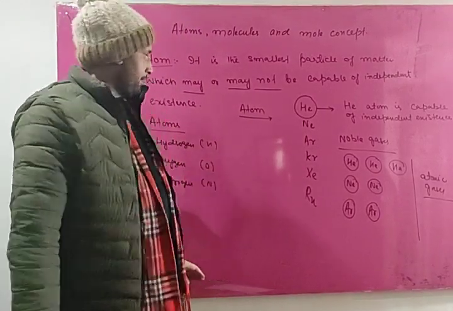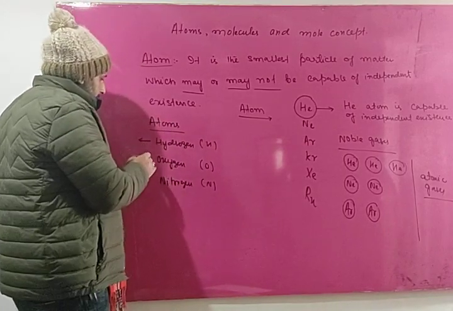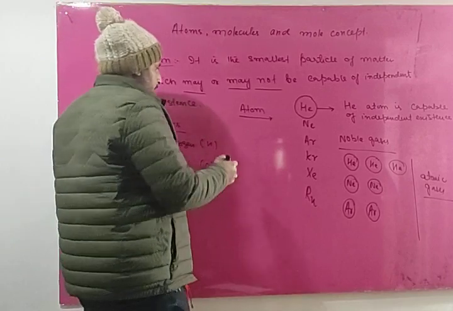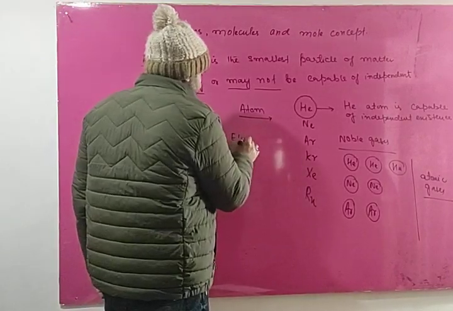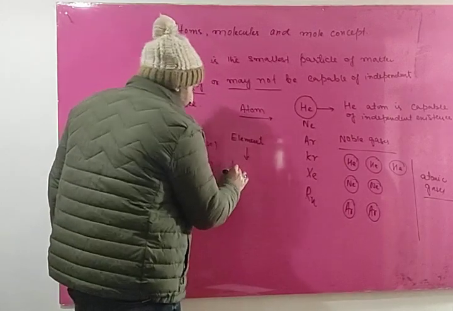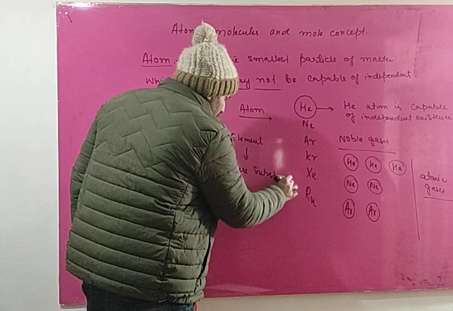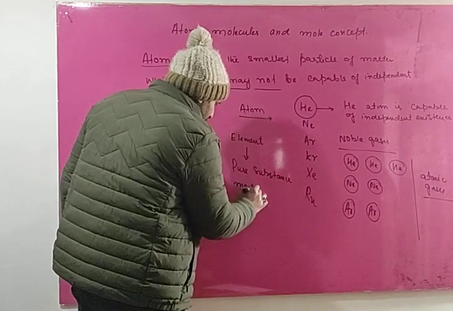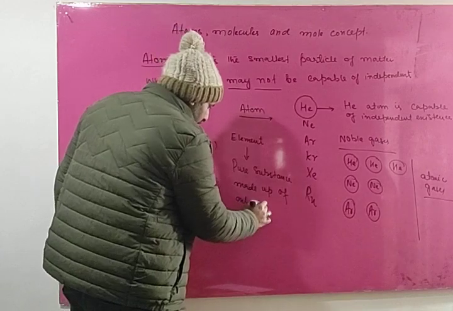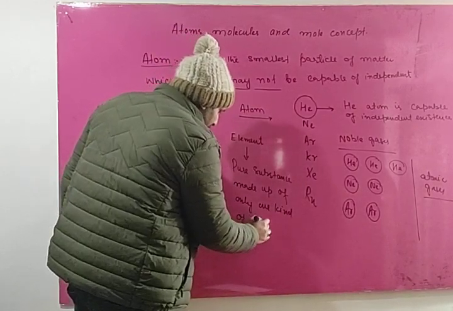Now, in case of these elements, because elements are made up of atoms, we know by definition what an element is. When we define an element, we say it is a pure substance made up of only one kind of atoms.